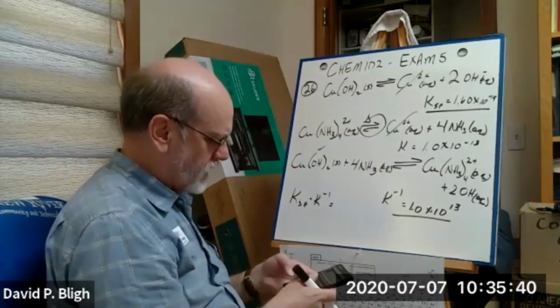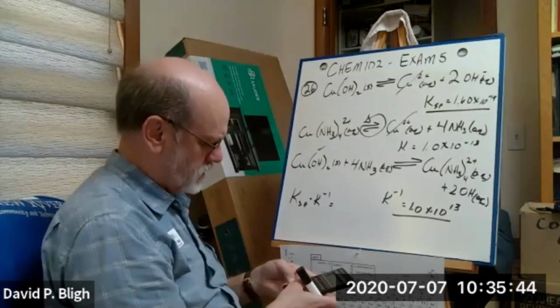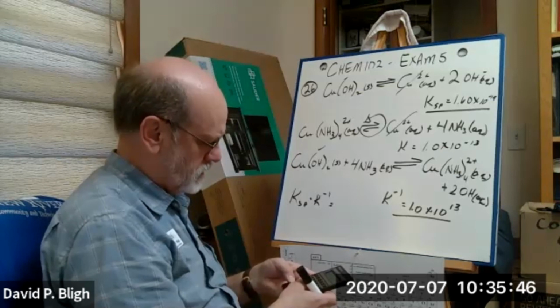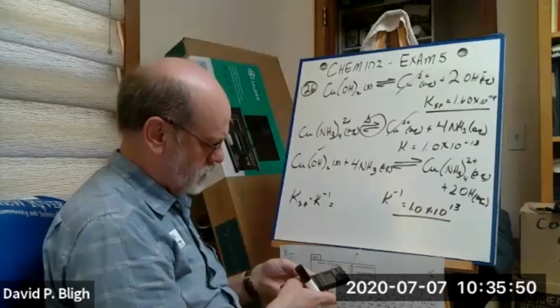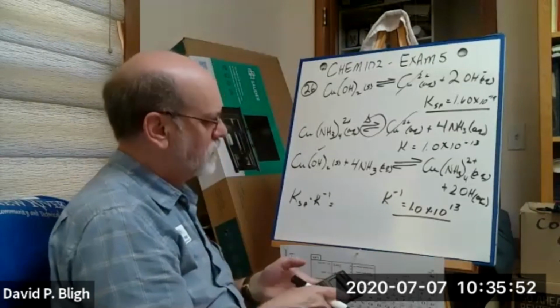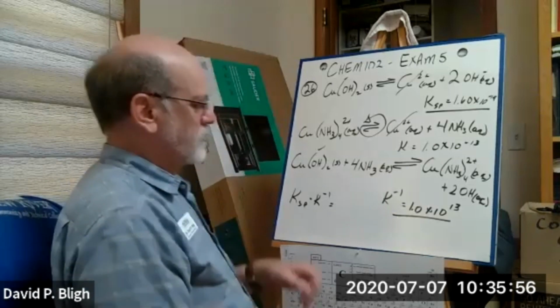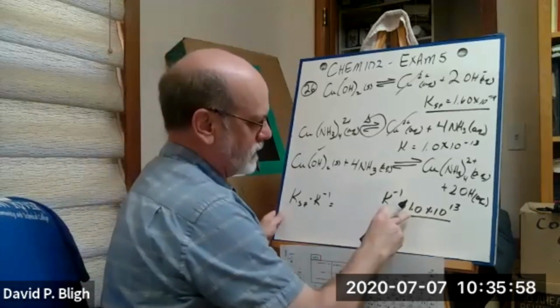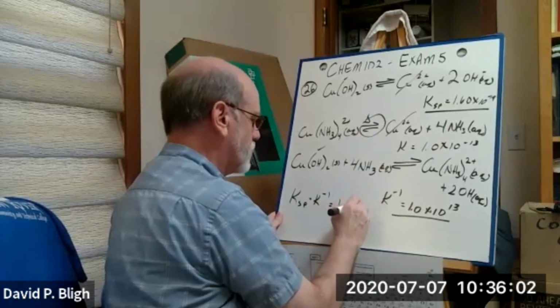Hey, my calculator batteries are running low. All right. Let's see if I can do this in my head. So it'd be 1 times 1.6, 1.6.